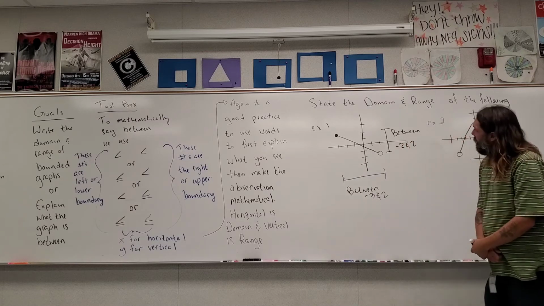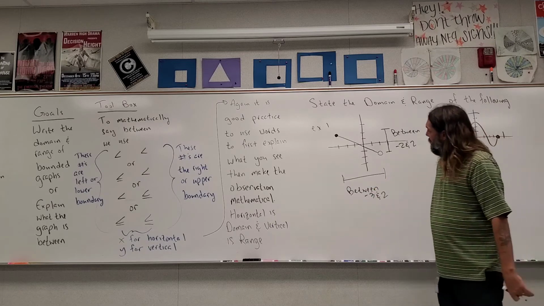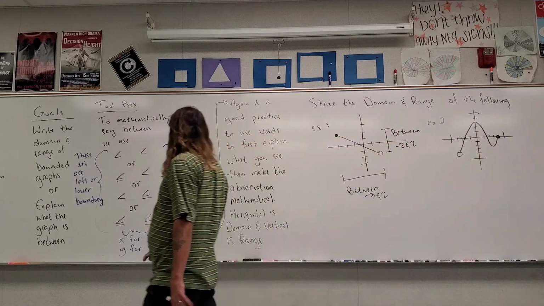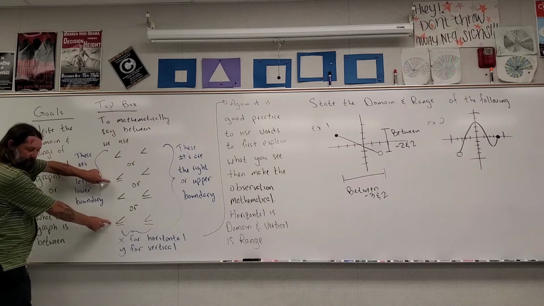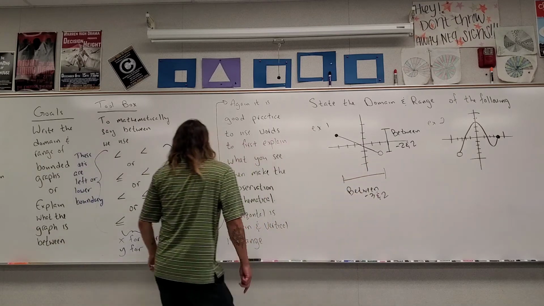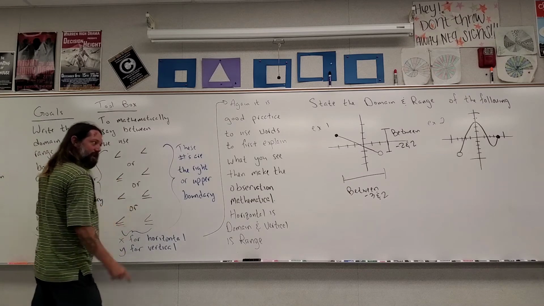All right, so now I know what my graph is between, and now I'm just going to make it more mathematical. So here I have a closed circle on the left side. So that means I must use this symbol, right? So it's got to be either of these two. And on the right side, it's an open. So by default, I'm using this compound inequality to explain the domain.